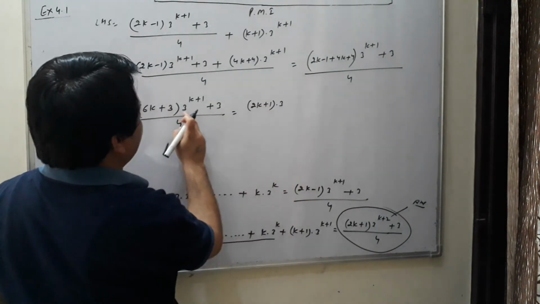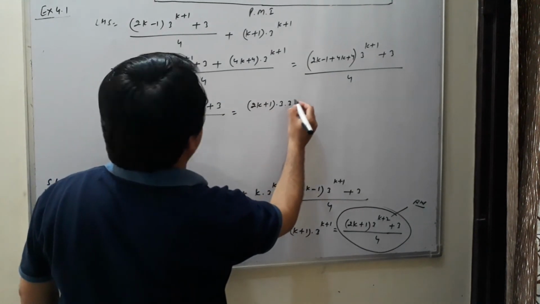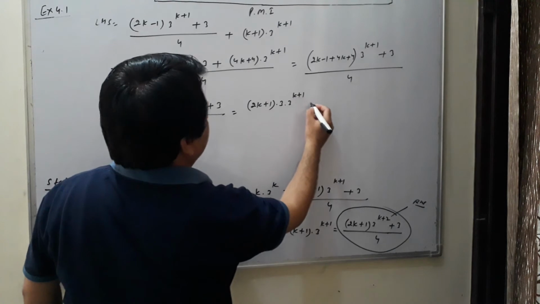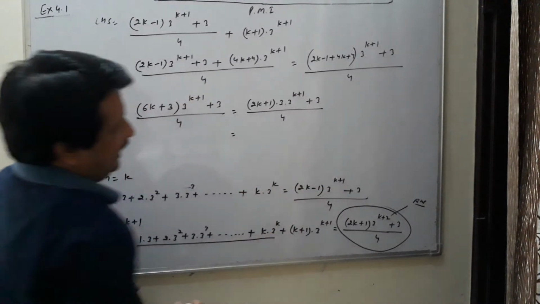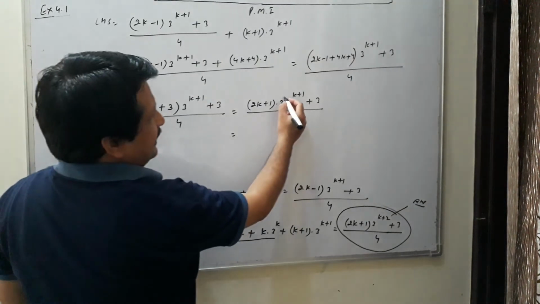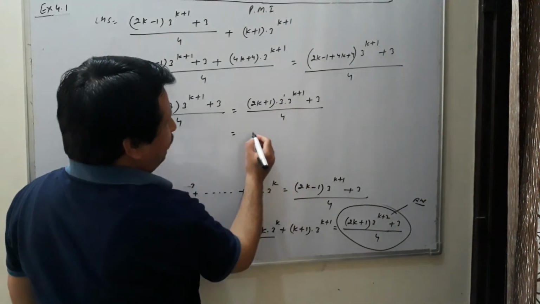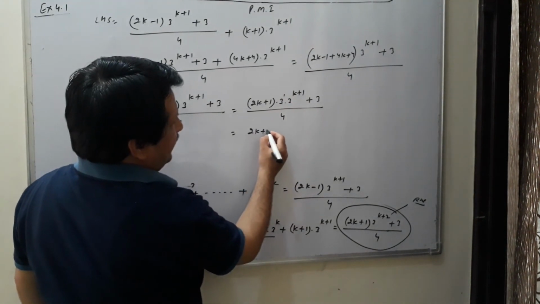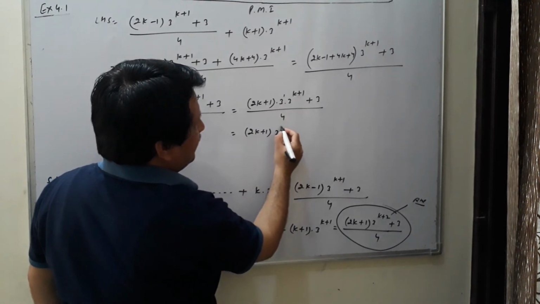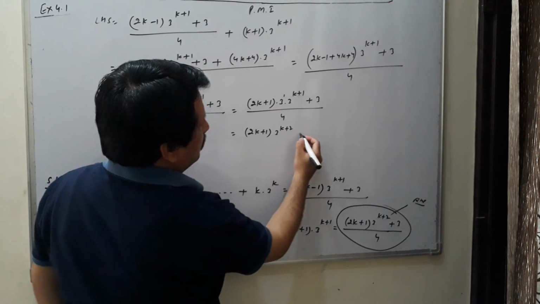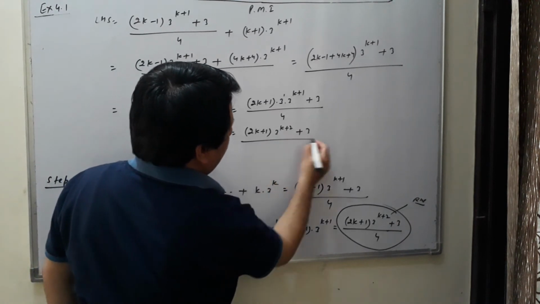And I have taken 3 outside. 3 into 3 its power is k plus 1 plus 3 upon 4 then, students. And if you will see, 3 its power is 1. Means if we take the base as 3, the powers will be added. So it will come as 3 its power is k plus 2, plus 3 upon 4.